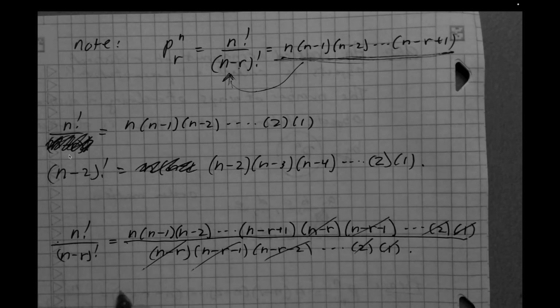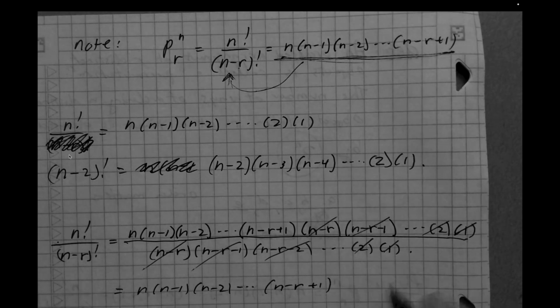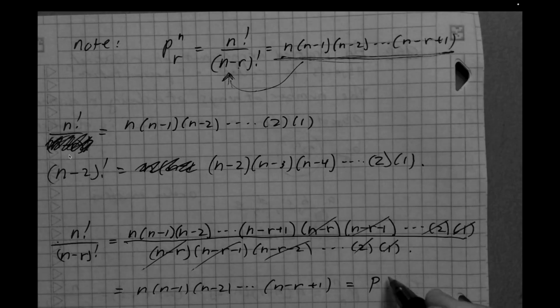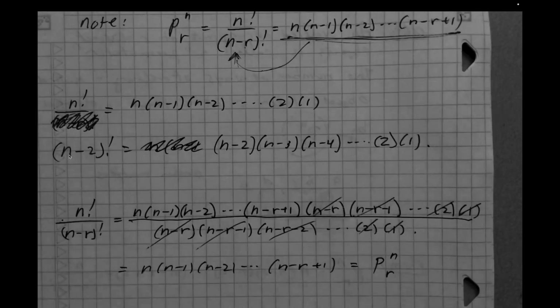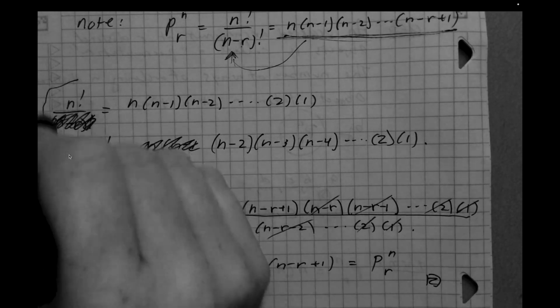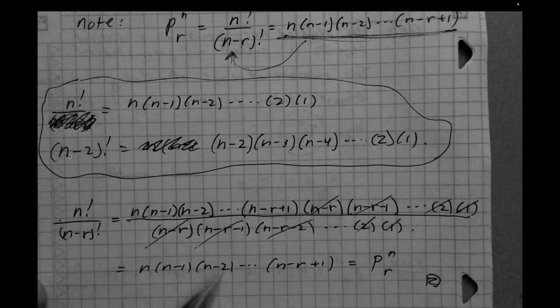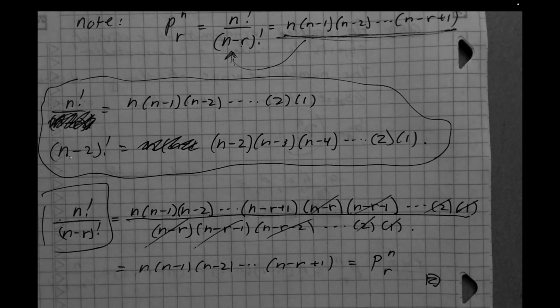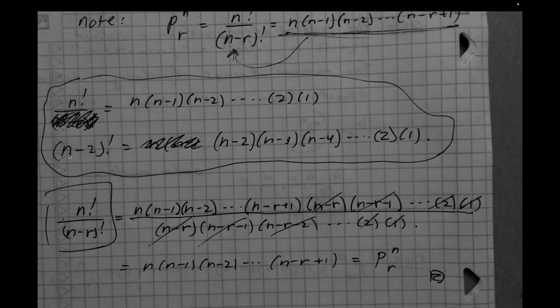And so you can see that this is really just n times n minus 1, n minus 2, all the way down to n minus r plus 1, which we just said was equal to P(n,r). So that's the simple proof. It's really just the mn rule extended, and then we write it in this notation for convenience's sake.